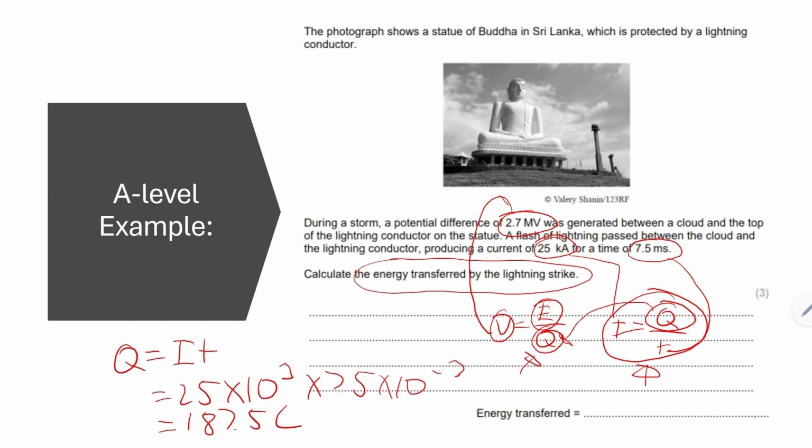And so now we need to sub that in to the Q of this equation and make E the subject. So when we do that we'll have E equals VQ, and we need to do the voltage, which is 2.7 megavolts, but as it is mega we need to times it by 10 to the power of 6, so 2.7 times 10 to the power of 6 multiplied by the charge that we just got, which is 187.5, and when we do that we will get 506,250,000 joules.